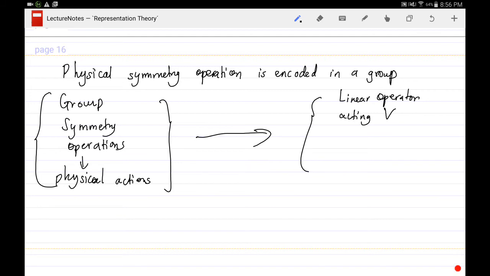So this can be a linear operator acting on V that leaves the equations of motion invariant.